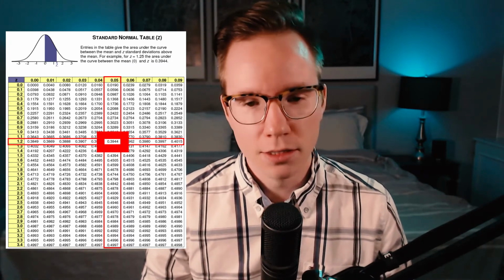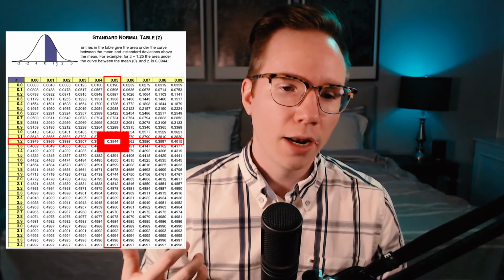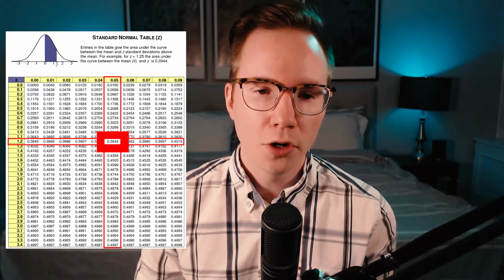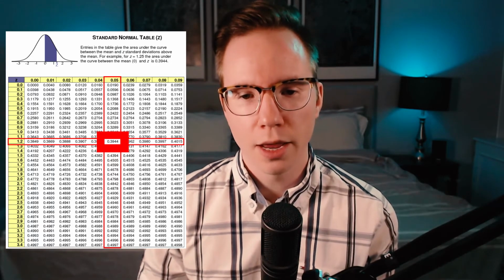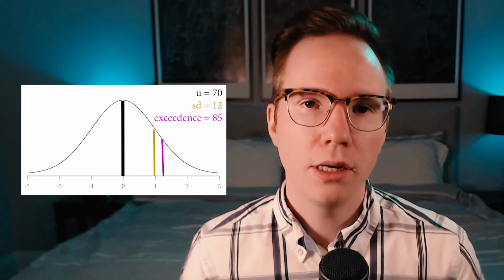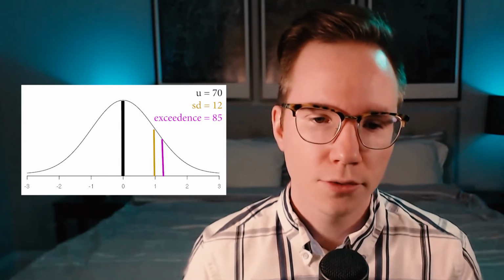And this value on its own represents that in our distribution of resting heart rates, 39.44% of people will have a resting heart rate between 70, which is our mean, and 85. So now we can calculate the probability a person's resting heart rate will exceed 85.